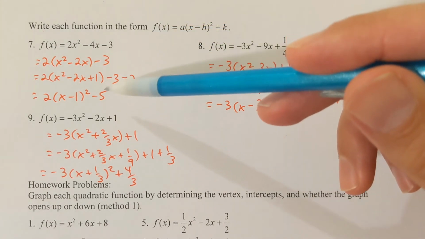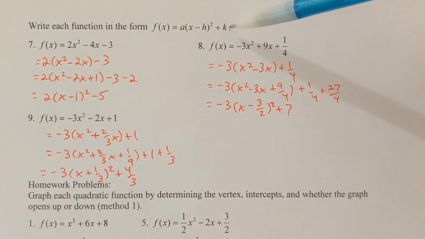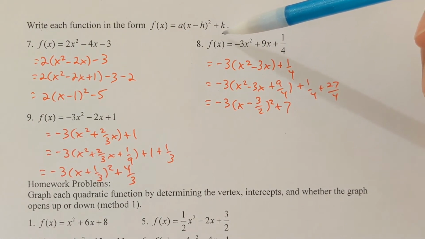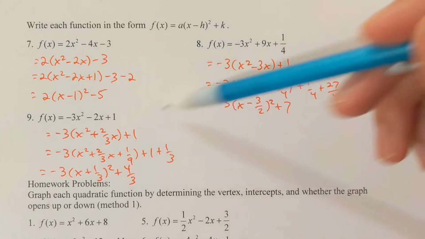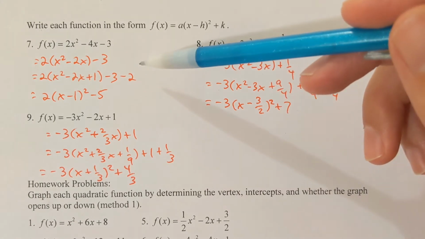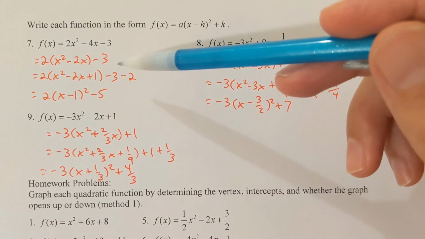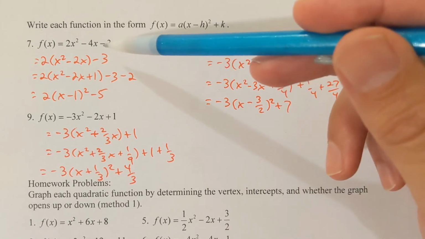So going the other way means that I need to identify which transformations I'm going to do here. Okay, now in order to do that, I need to complete the square once on the original function.